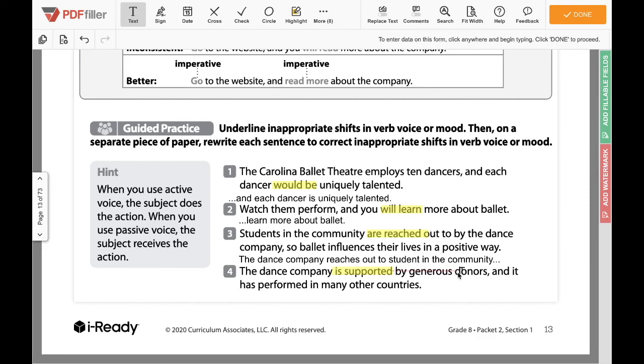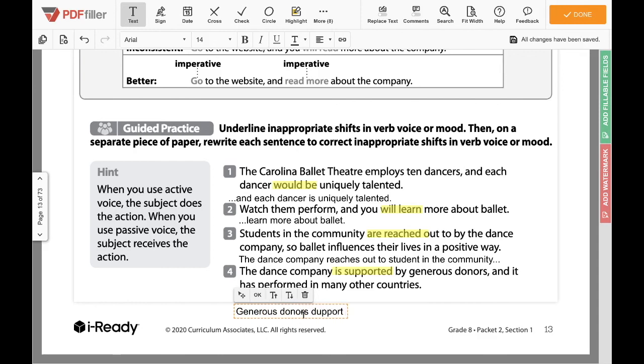The last one is the dance company is supported by generous donors, and it has performed in many other countries. So, the dance company is supported is passive voice because the generous donors are the ones supporting the dance company. So this is working really super similarly to the last one. So we would say generous donors do what?